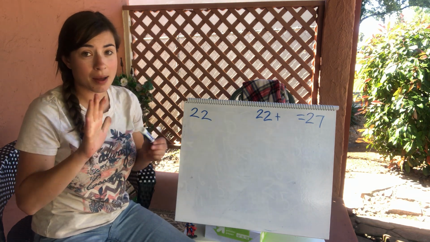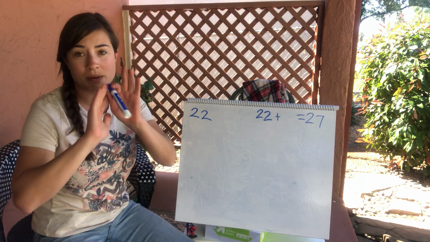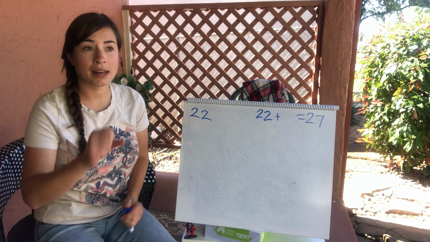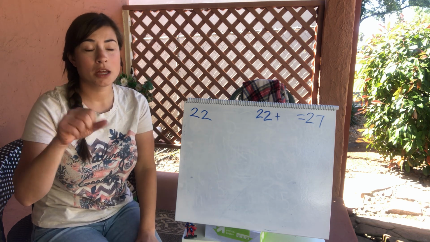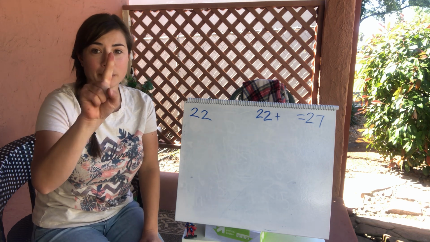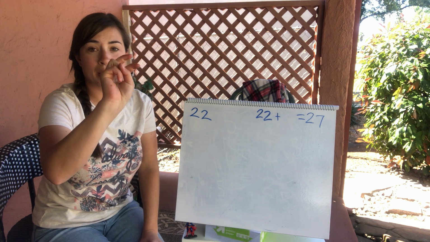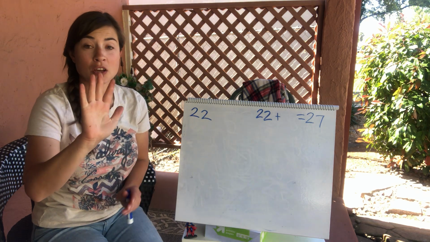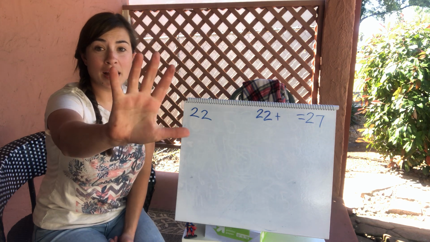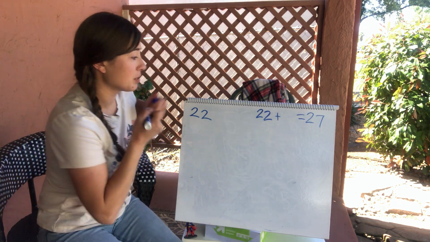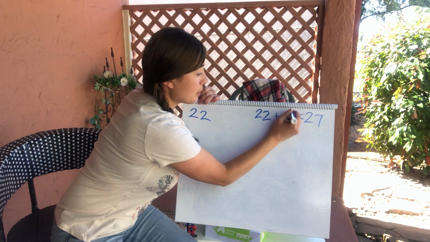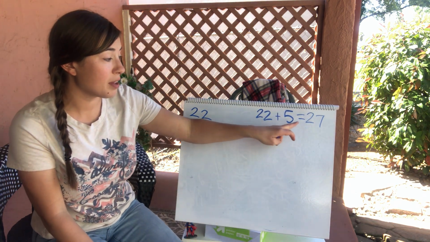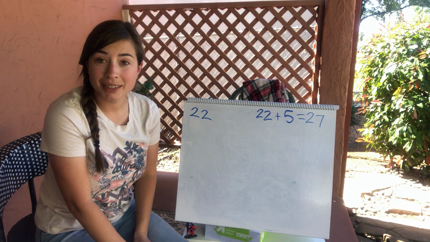When I hit 27 is when I'm going to stop counting. 22, 23, 24, 25, 26, 27. Stop. I counted on 5 numbers. I went up 5 numbers to make 27. So that means 22 plus 5 is the same as 27.